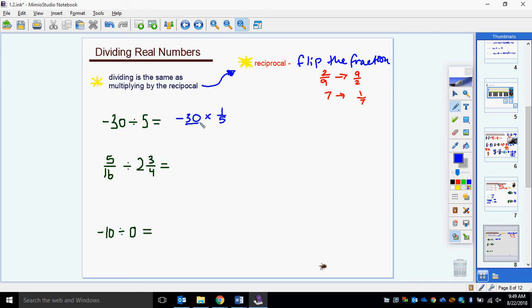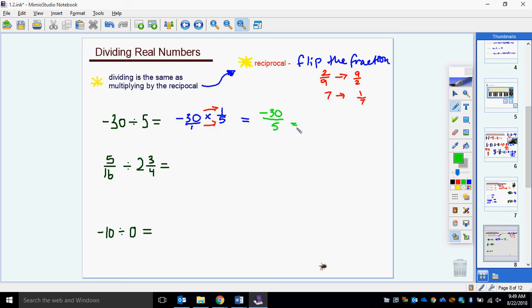Well, negative 30 as a fraction is just 30/1. So now I have two fractions being multiplied by each other. I can multiply the top numbers, negative 30 times 1, and I get negative 30. I can multiply the bottom numbers, 1 times 5, and I get 5.